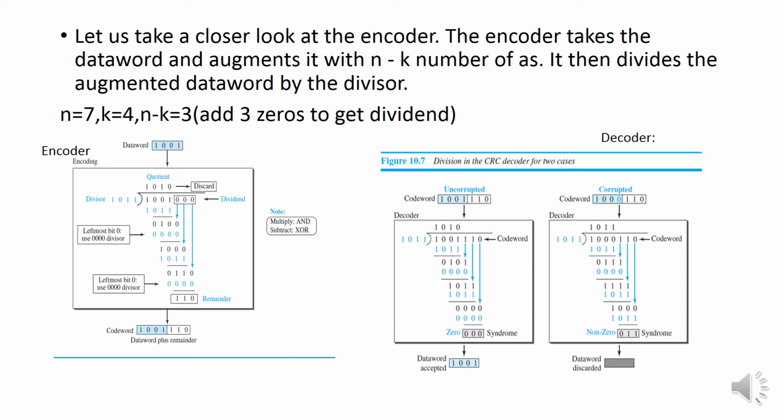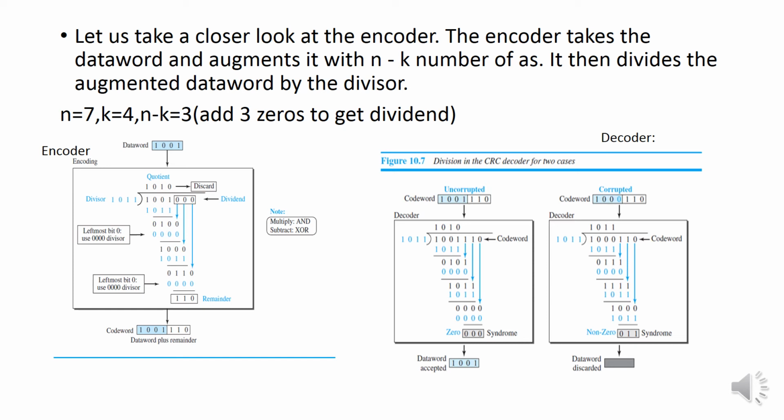Now the leftmost bit is 1, so once again take the quotient as 1. Perform the multiplication operation with the divisor, that means the AND operation, and we get the value 1011. Perform the subtract operation and you get the value 011. Take the next bit, that is 0, and finally you will get the remainder as 110.